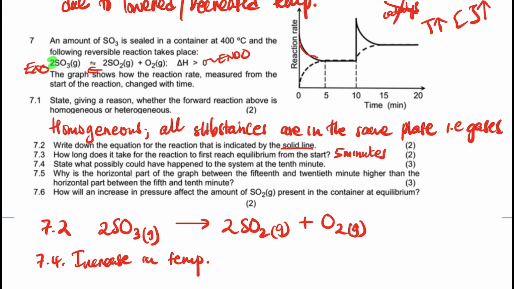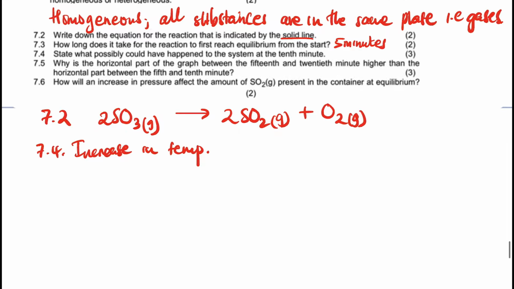So this is 2 and this side it's 2 plus 1, it's 3. So the side with the least number of moles is the reverse, so it's going to favor reverse. So if reverse is favored, the products will increase. So if the product increases, the concentration of sulfur dioxide increases. So the answer here in 7.6 is what? Increases.